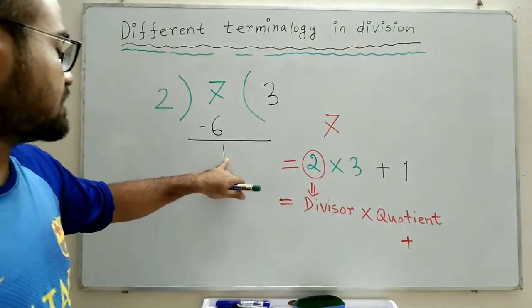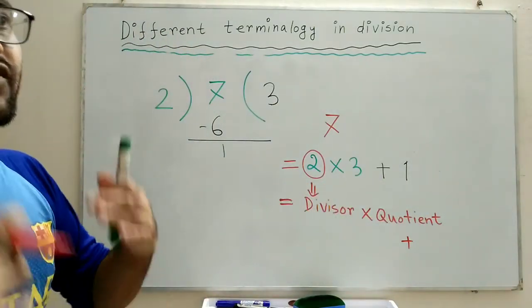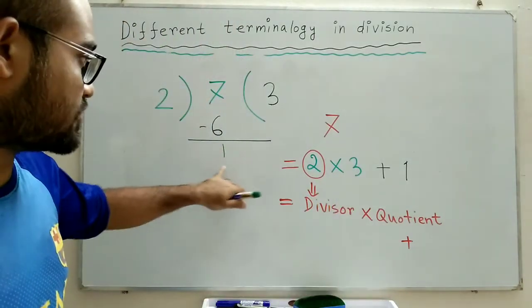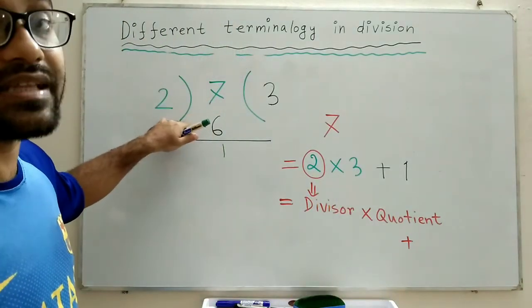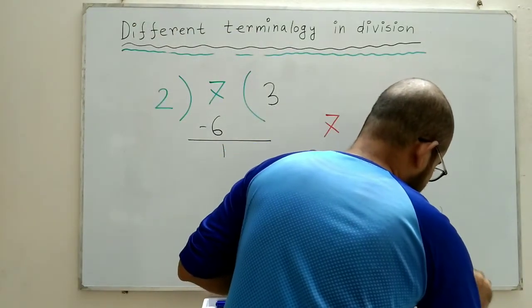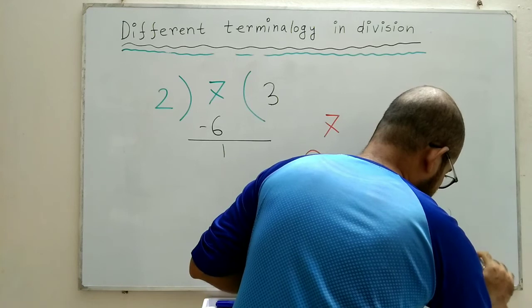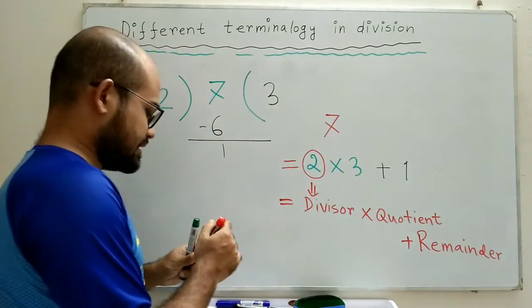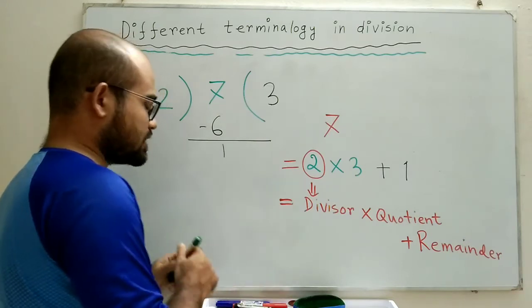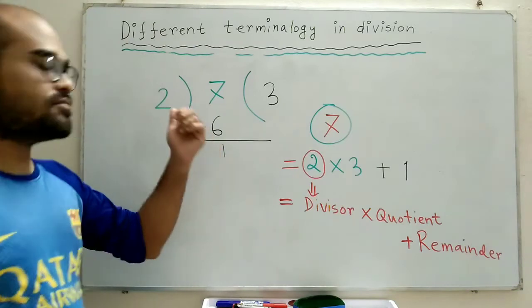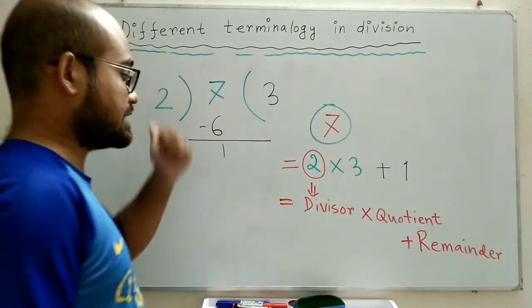Well, this 1 is the thing that remains after our division process. And this thing that remains is less than the divisor. So I can safely call it remainder. And the home run: what is our 7? Our 7 is nothing but the dividend.